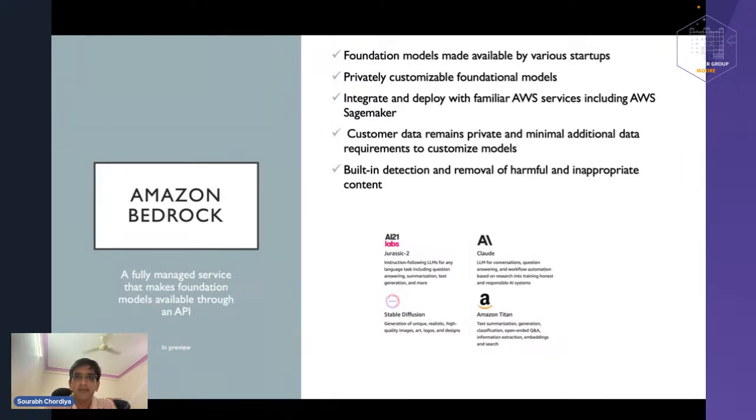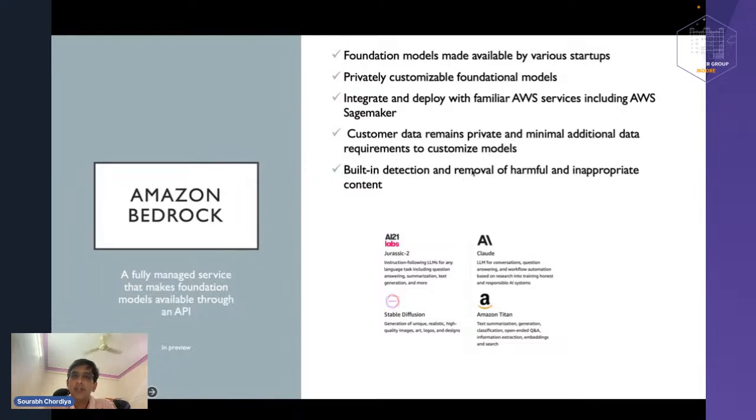Now, if somebody has been in touch with the AWS AI/ML space, they will know SageMaker is the baseline for machine learning or AI in AWS, right? If you go to the console and search SageMaker, it will have plenty of services behind it, which allows you to integrate and deploy other tools like S3 buckets, EC2 instances, all of that into SageMaker. The data remains private, as I mentioned.